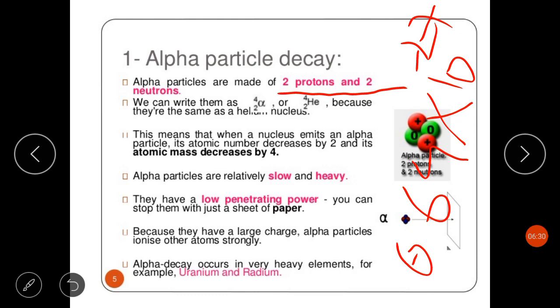Because of its heavy mass, the alpha particle is the heaviest and the slowest. Because of this large mass, it has the highest ionizing power and the greatest ability to damage tissue.